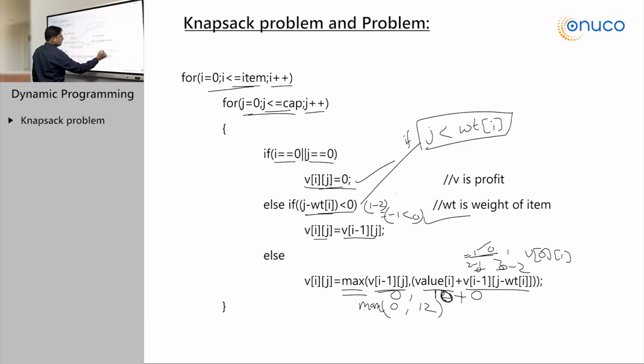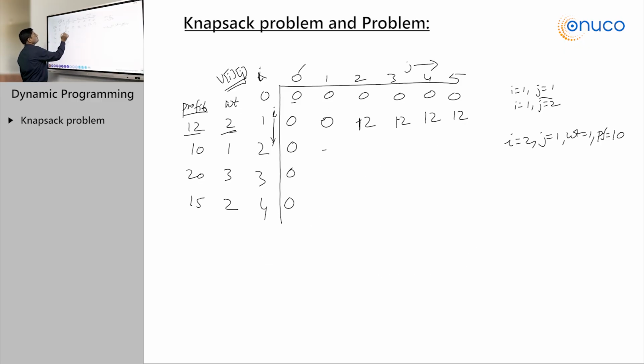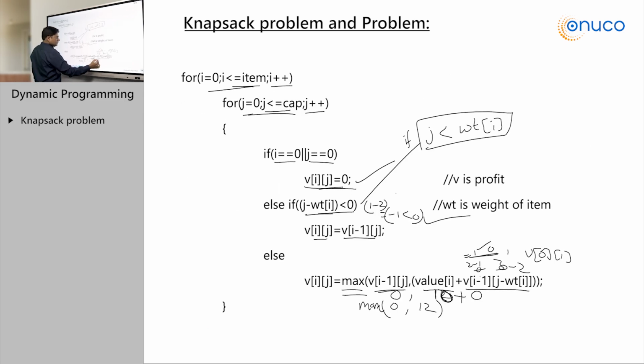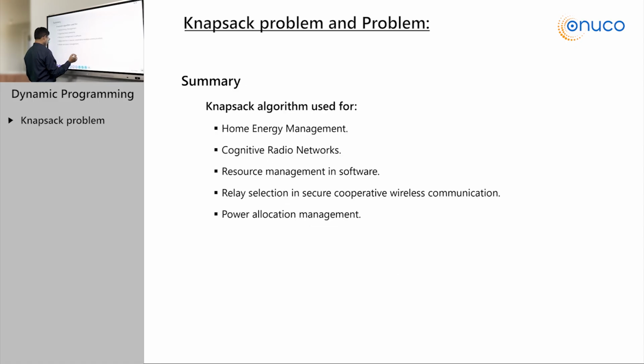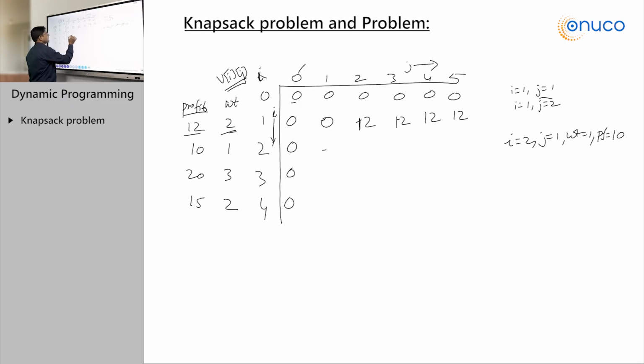So we select V of 1, 0, which is 0. So 10 plus 0 is 10. Which is maximum? 10 is maximum, so we are going to write 10 here.